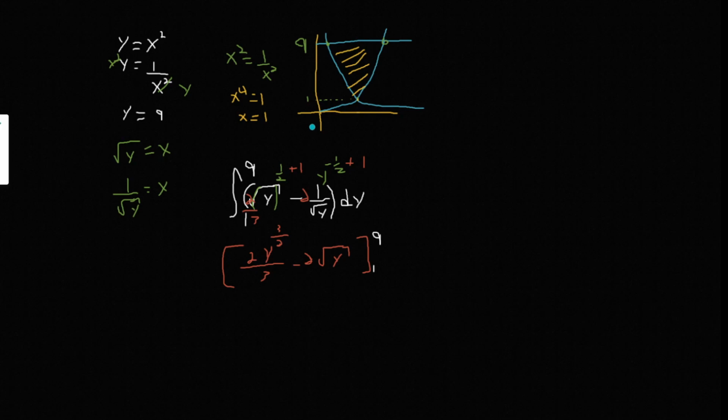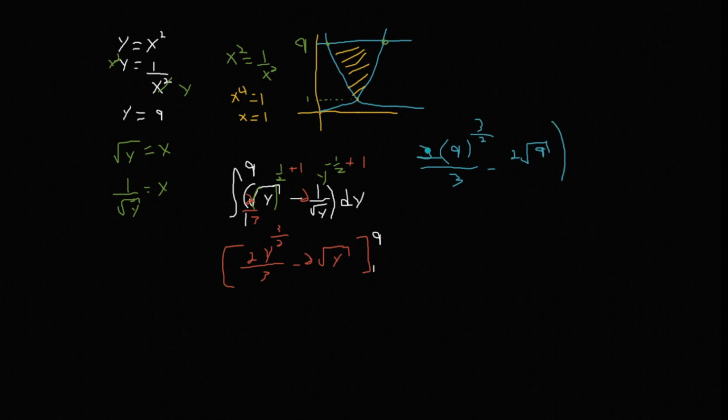All right, let's go over here and start substituting our values. 2 times 9 to the 3 halves over 3 minus 2 square root 9.